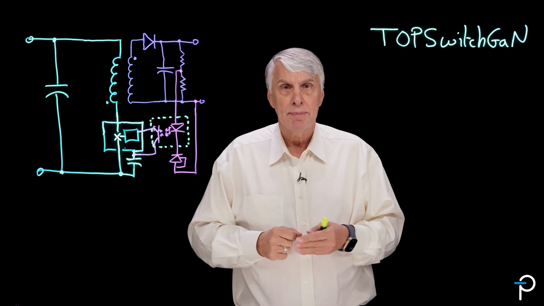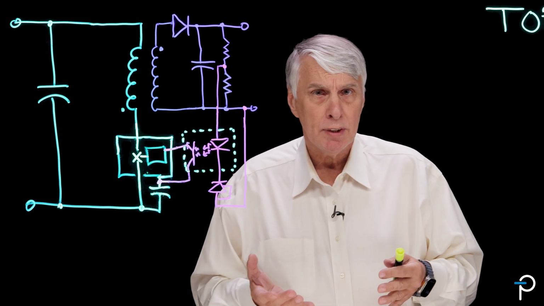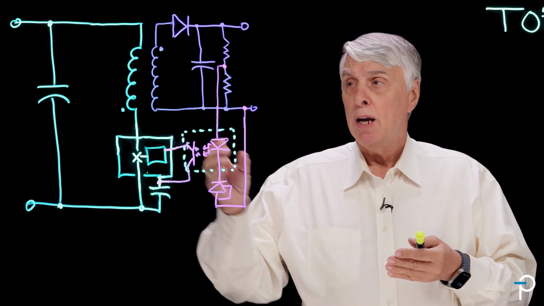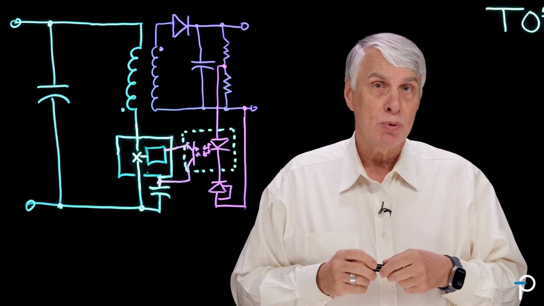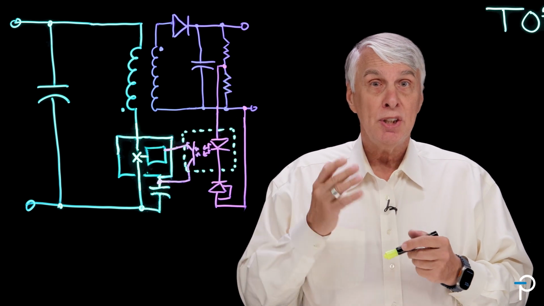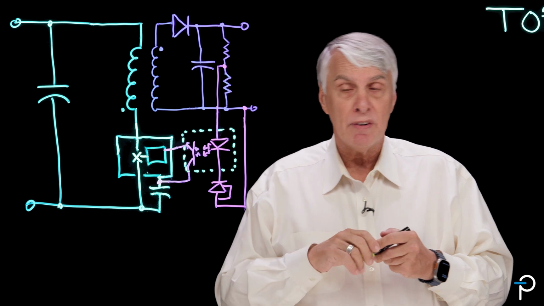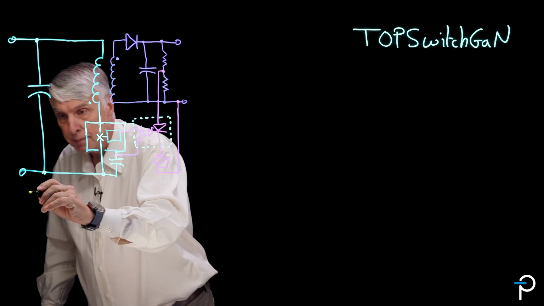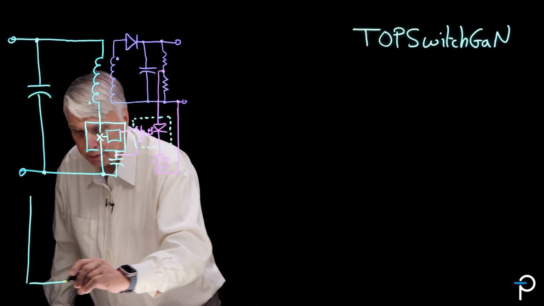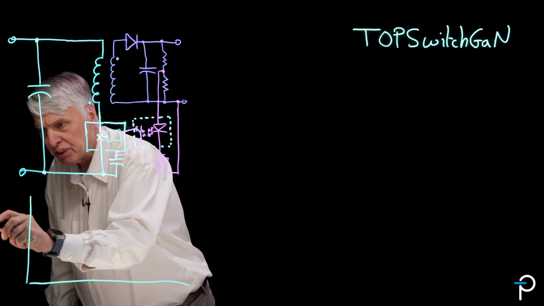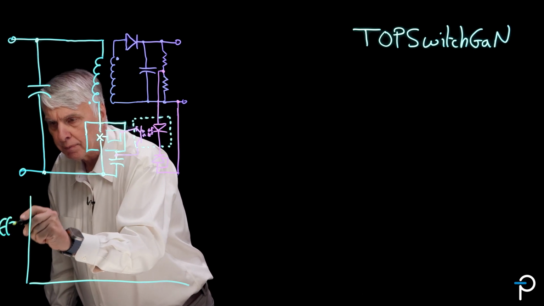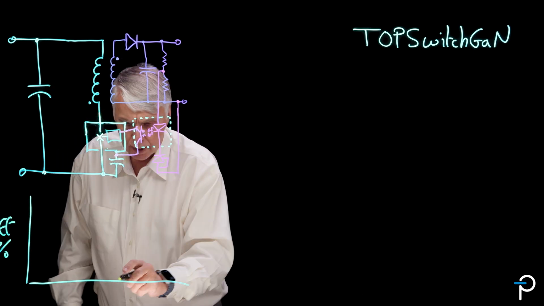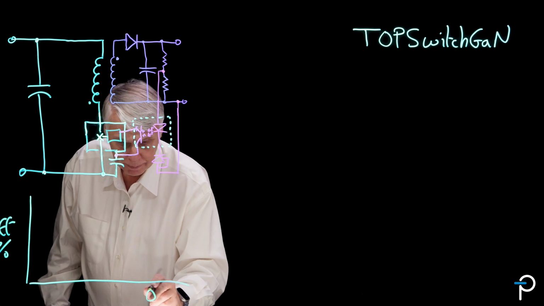Let's talk about that. With respect to power delivery, if we look at what's achievable today and what the PowiGaN device in the TOPSwitch can provide for us, we can see some very interesting changes in what we can do with a flyback. So if I draw a graph, this is efficiency percentage, and this is output power.